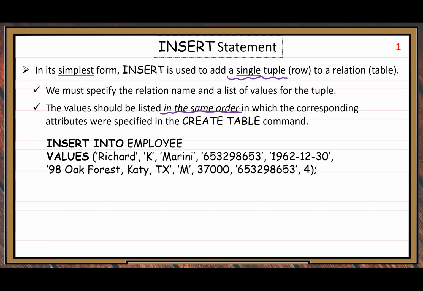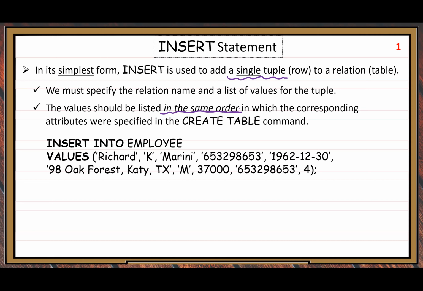If we do not do that, by default, we take the table definition order, and we include all the attributes here. In that way, we do not need to type that part of the information.